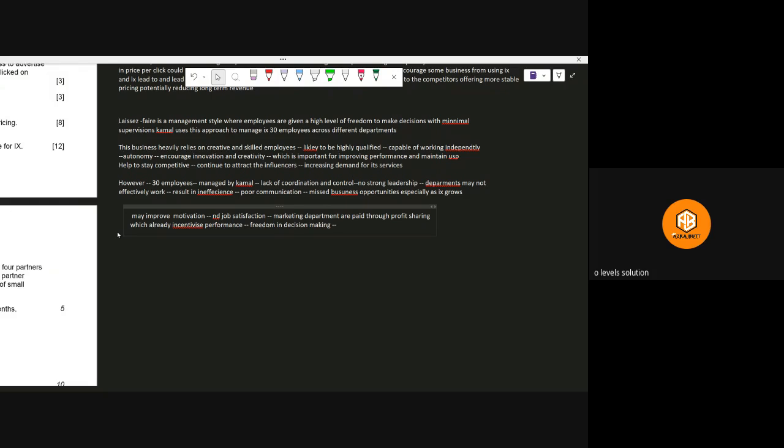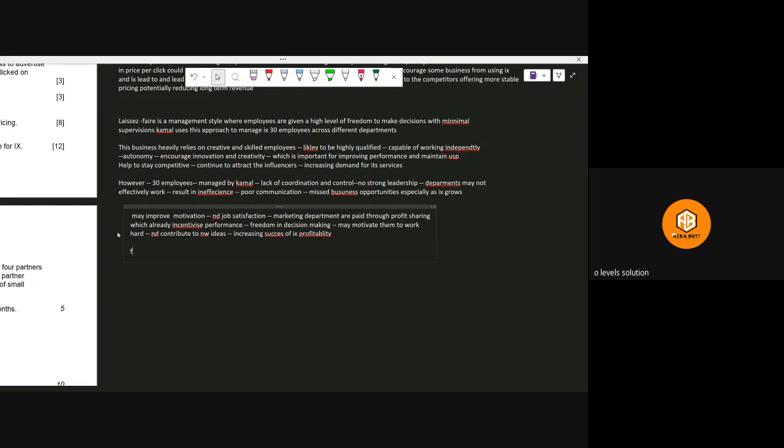Then it may further motivate them to work hard and contribute new ideas, and potentially it will increase the success and profitability of IX. Then we need to evaluate this again.